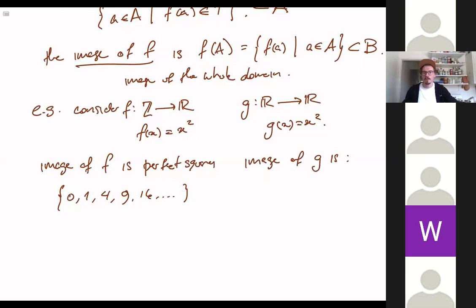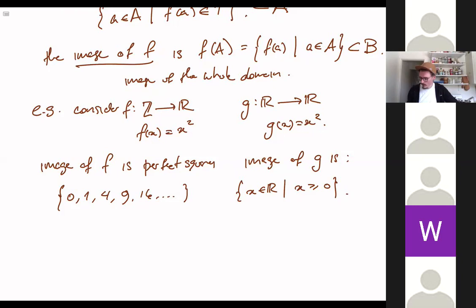Well, if you take a real number and you square it, that will always be either 0 or positive. And if you take a positive real number or 0, it always has a square root. So the image of g is the positive real numbers, which is to say elements of R that are greater than or equal to 0. So these are different functions, and you can see that by the fact that they have different images. So that's one of the reasons that we want to consider them to be different.